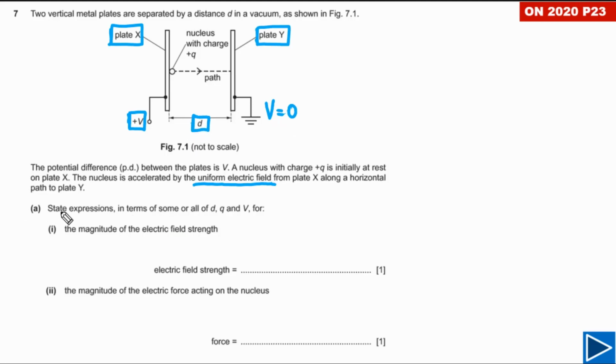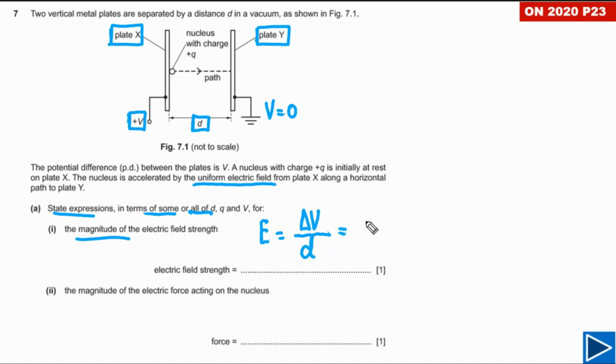Part A is asking us to state an expression in terms of some or all of D, Q and V for the magnitude of the electric field. Electric field simply means the capital E. This is equal to the potential difference between 2 points, in this case between the two plates, divided by the distance between the two plates.